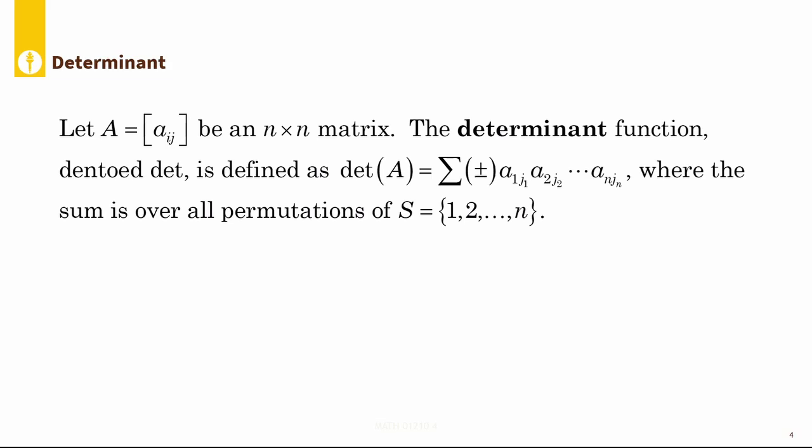The determinant function, denoted simply as det, is defined as the determinant of A is equal to the sum of plus or minus A sub 1 J1 times A sub 2 J2 times A sub 3 J3, so on and so forth, up through times A sub n Jn, where you're summing over all of the permutations of this set of integers 1 to n.